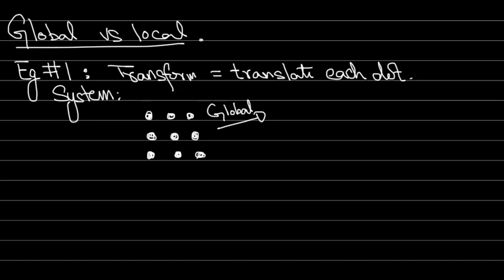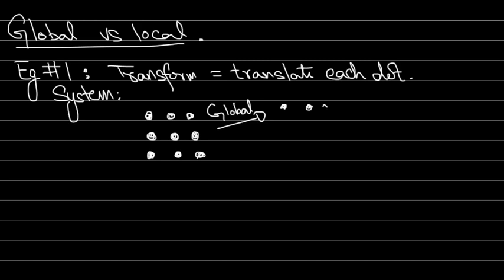We are translating each of these dots, so this dot corresponds to that, this dot corresponds to this one, and the third dot corresponds to this one. So you get the point. We are translating each dot in our original system. Now let me get rid of these funny lines so we can be more clear.